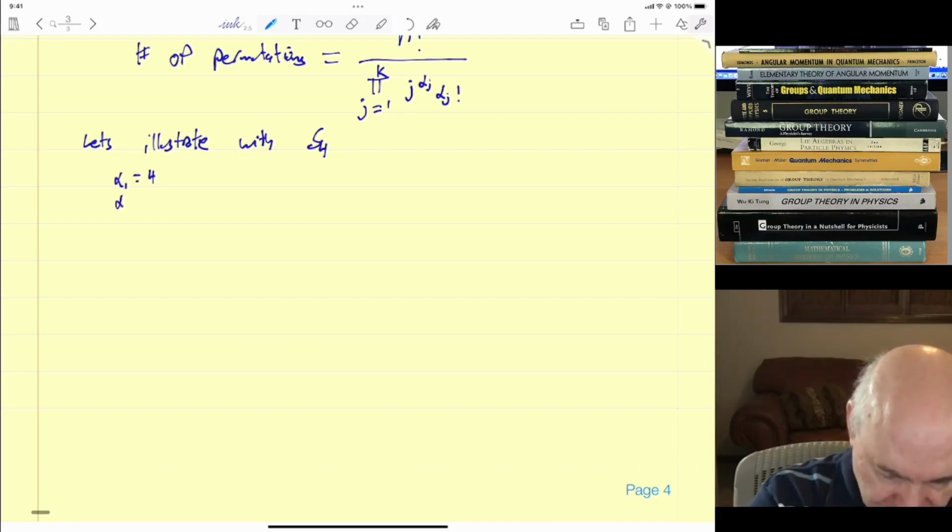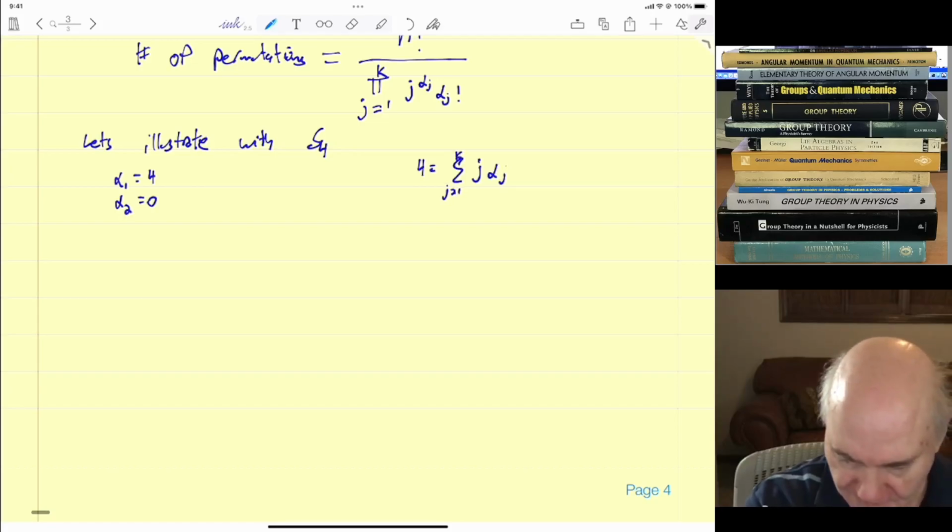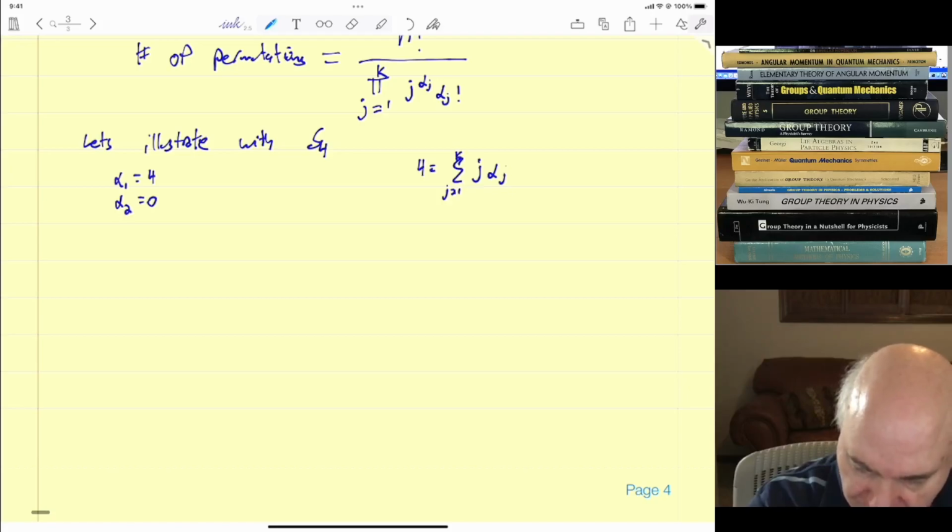Then alpha 2 equals 0, because remember, 4 is equal to the sum of j alpha j. If I put alpha 1 equal 4, 1 times 4 is 4, that uses up all the elements. All the other ones have to be 0.